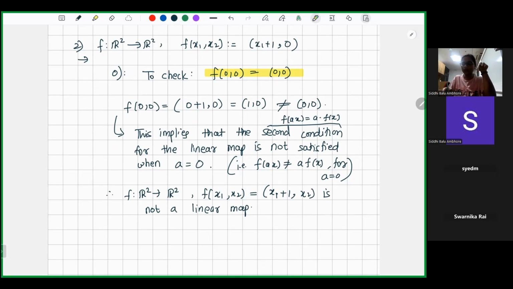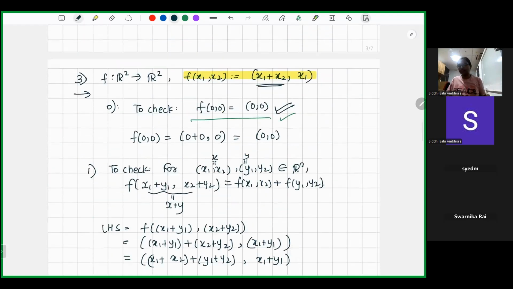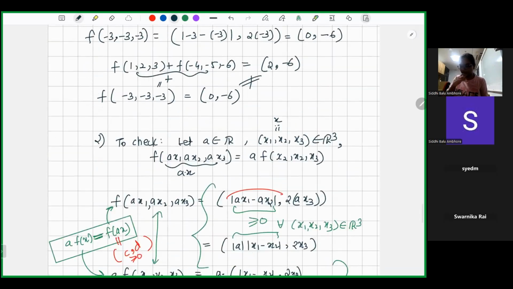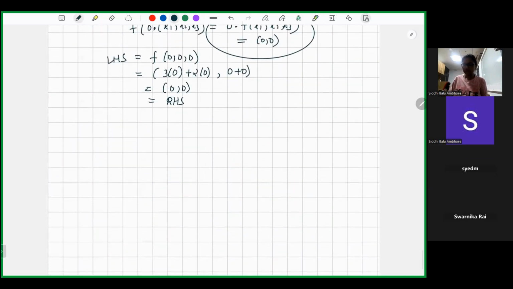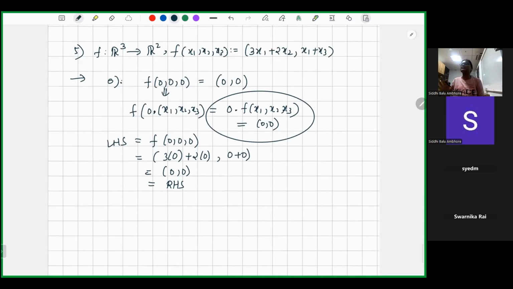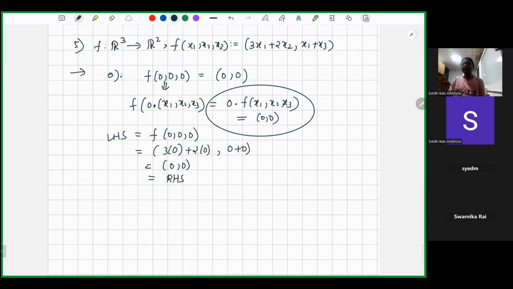This is actually a particular case of scalar multiplication, because we know that f of ax must be equal to a into f of x. I am just taking this particular a equal to 0 because it's easier to get rid of unnecessary terms there. Even if you don't check this zero condition, it's completely fine, but it helps sometimes.